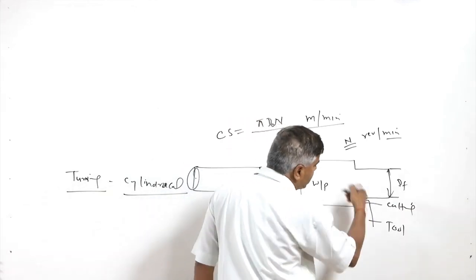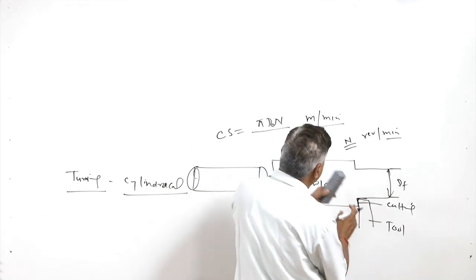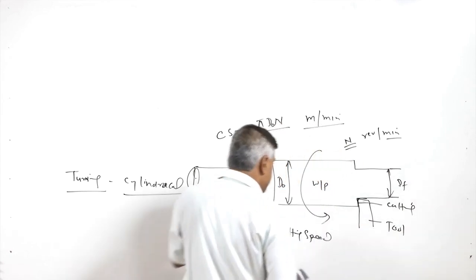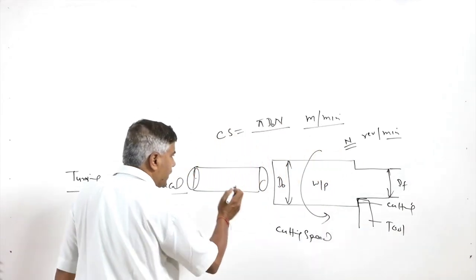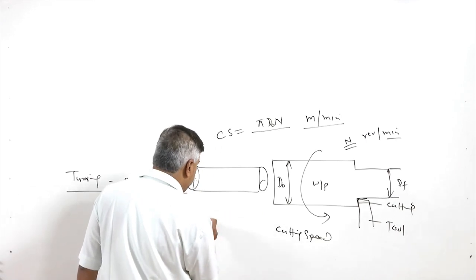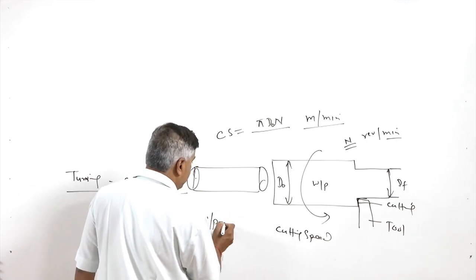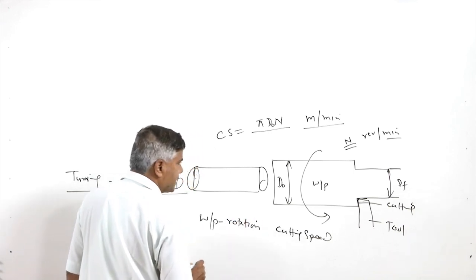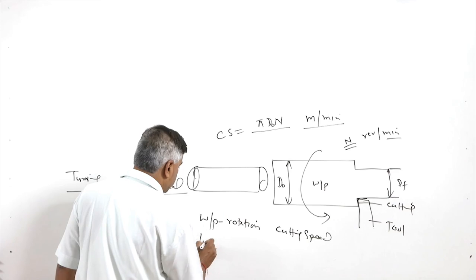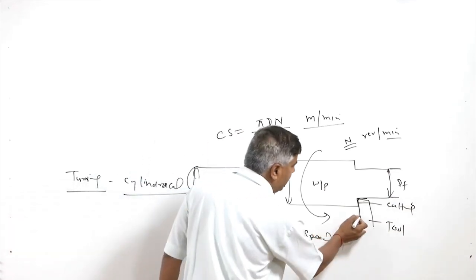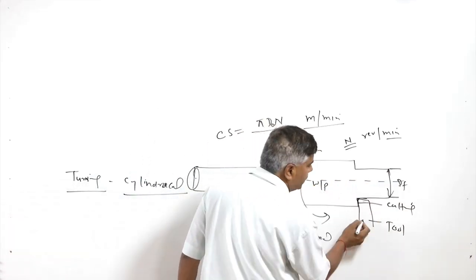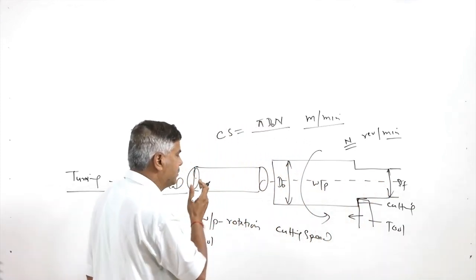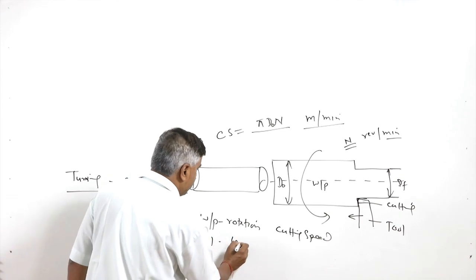This is the kind of relative motion between the cutting edge and the workpiece which will be producing the cylindrical shape. In this case, the kind of movement given to the workpiece is rotational movement. And which kind of movement is given to the tool? The tool is moved linearly, parallel to the axis of rotation of the workpiece.